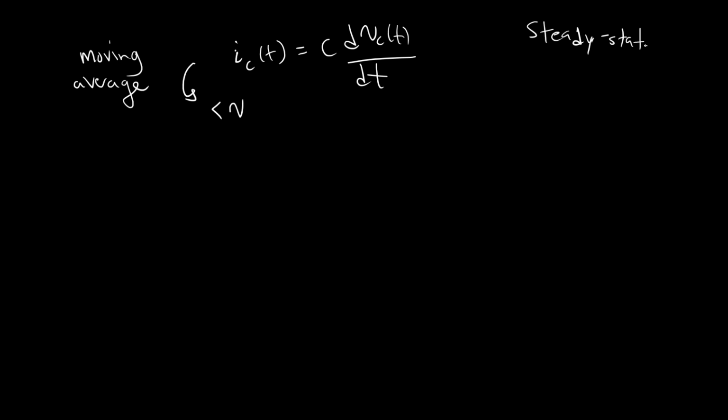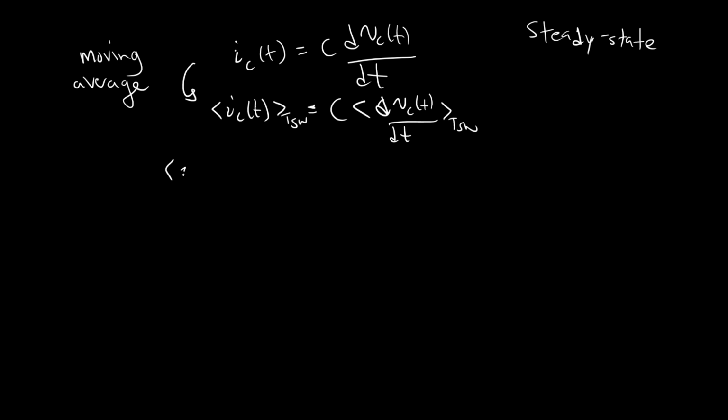And I keep saying this because if you're not in steady state, this just doesn't hold. This is just absolutely not true. So we apply the moving average. The moving average of IC of t over one switching cycle, again we can pull out the C, is equal to the moving average of the derivative of the capacitor voltage over one switching cycle.